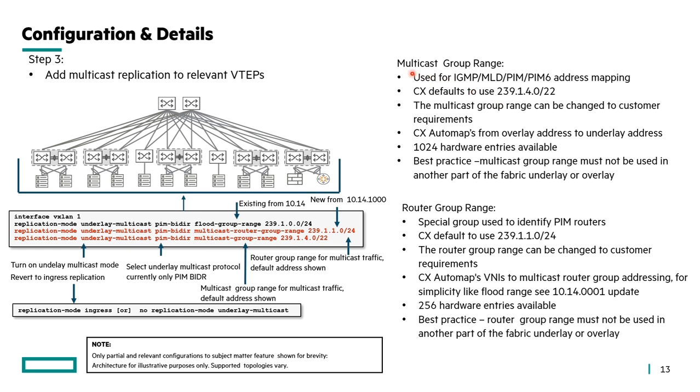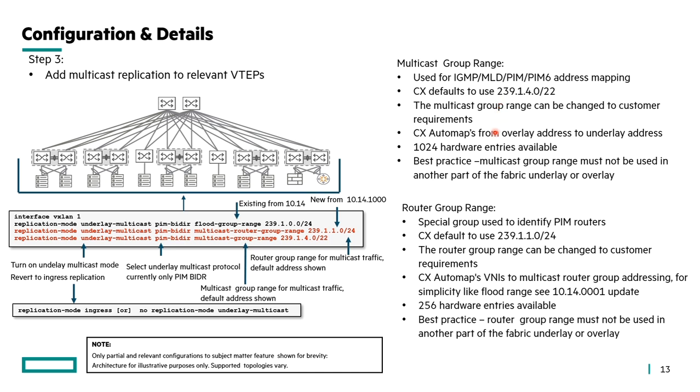The multicast group range is used to map the overlay to the underlay addresses for IGMP, MLD, PIM and PIM6. Now CX defaults to 239.1.4.0/22. This address range can actually be changed to the customer's requirements, typically if this address range, or part of that range, is being used elsewhere.